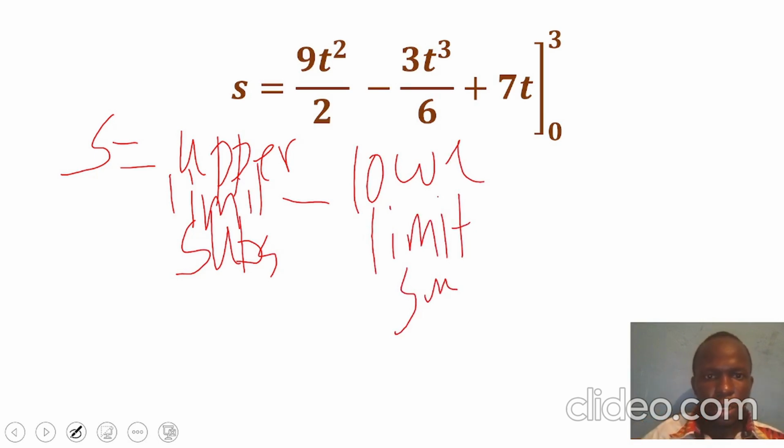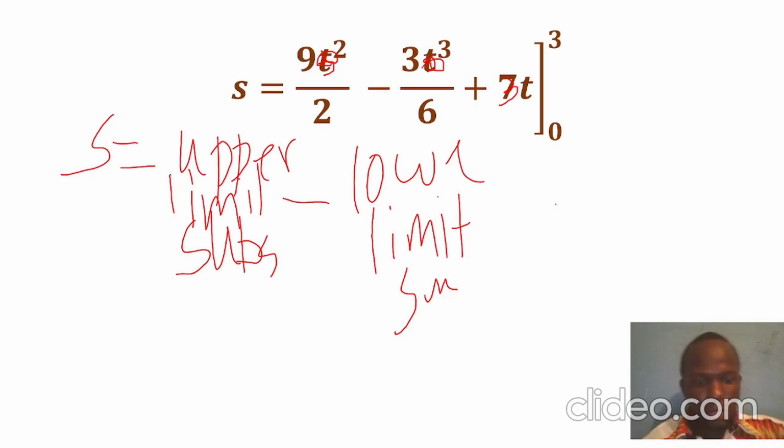We substitute 3 where we have t and get the result. Subtract where we substitute 0 and get the result.